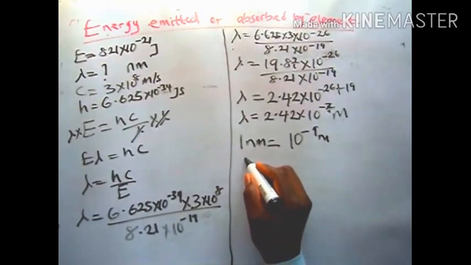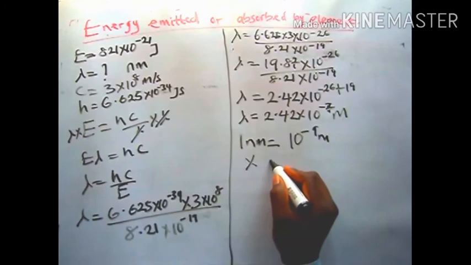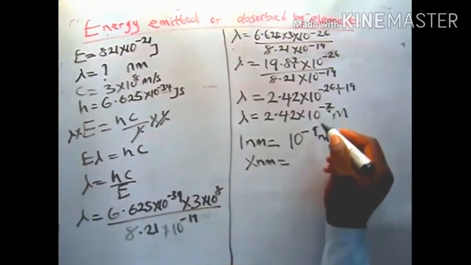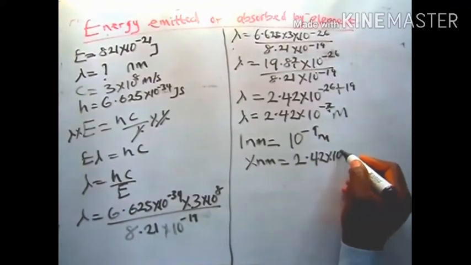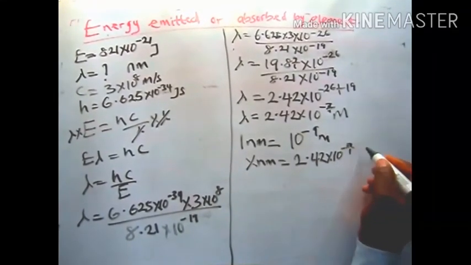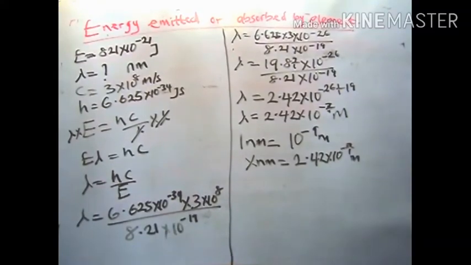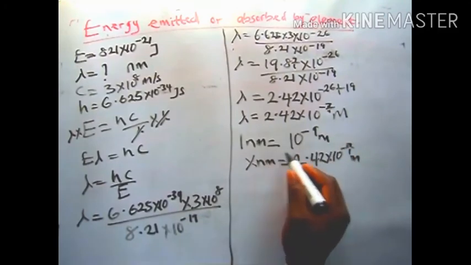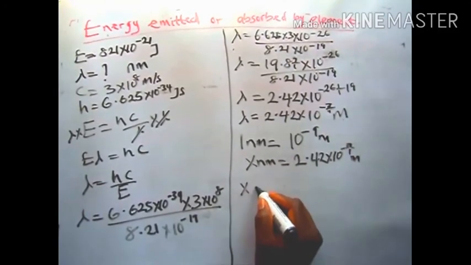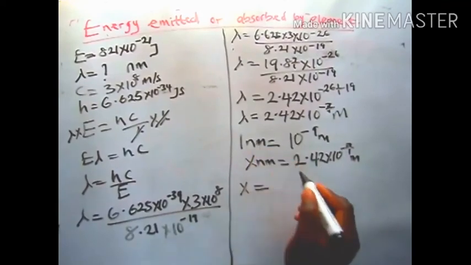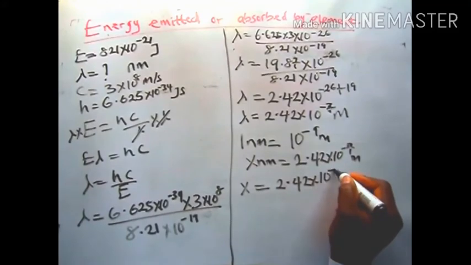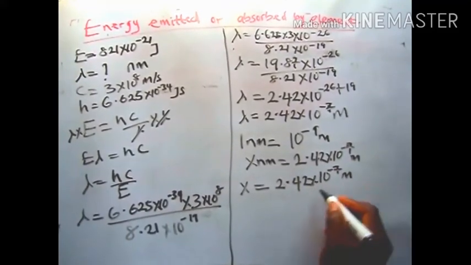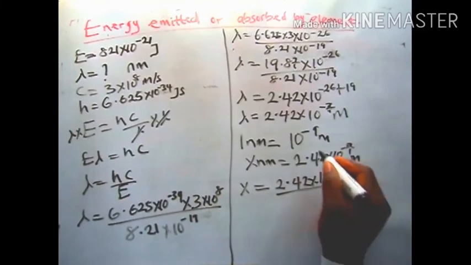So let's say x nanometer, we don't know, equals this 2.42 exponential minus 7 meter. So what we're going to do now is cross multiply. This multiplied by this and this multiplied by this. So our x will now be 2.42 exponential minus 7 meter divided by this.